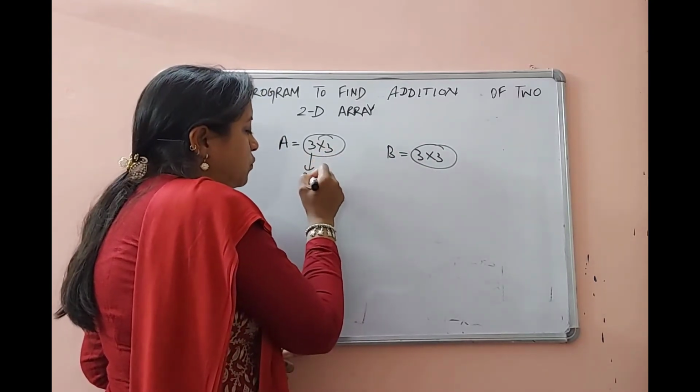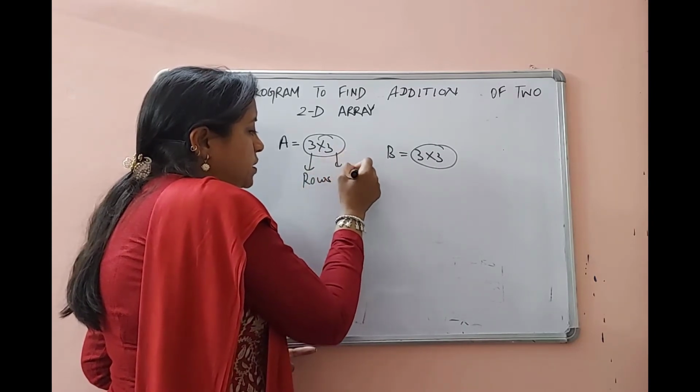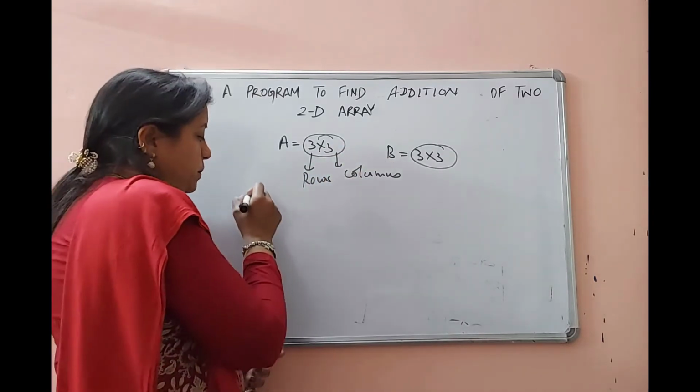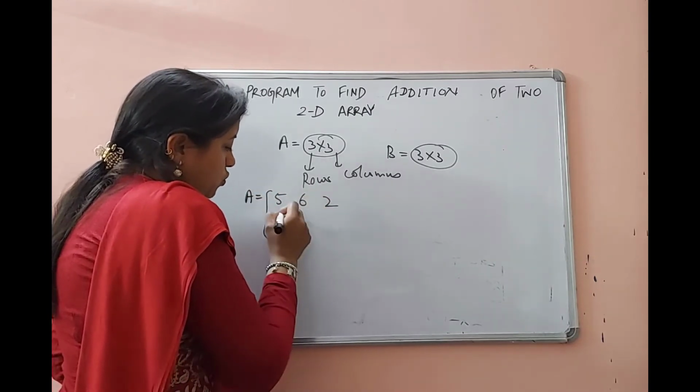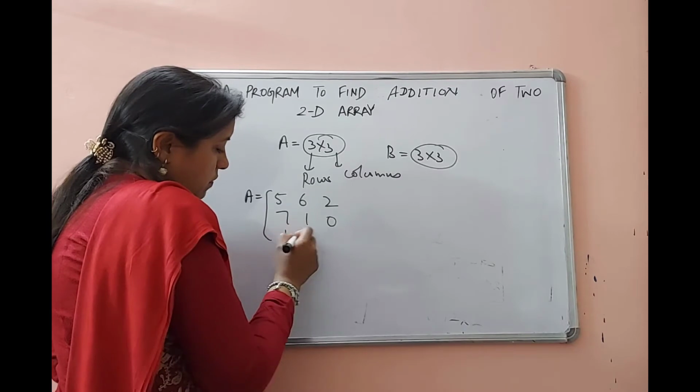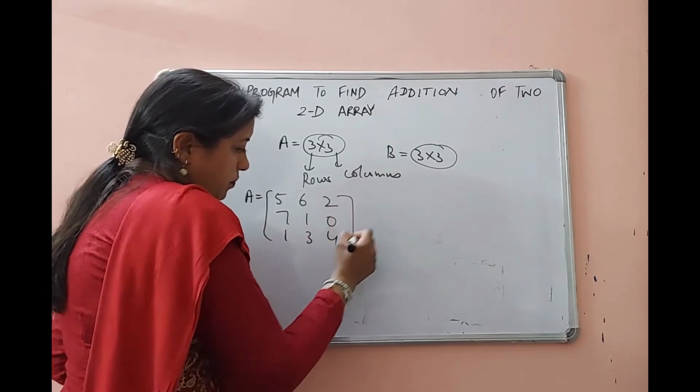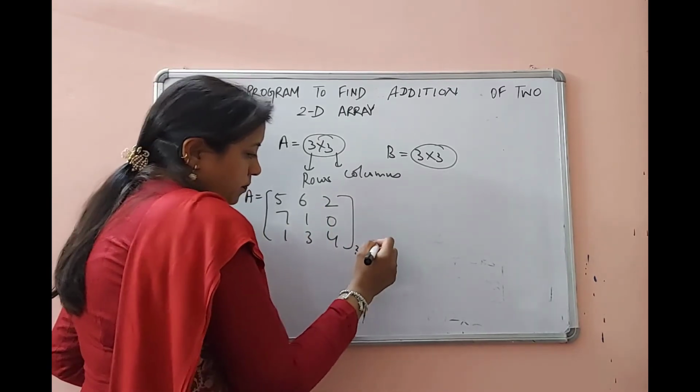This 3 means number of rows, this 3 means number of columns. Elements of matrix A are 5 6 2 7 1 0 1 3 4, 3 by 3.